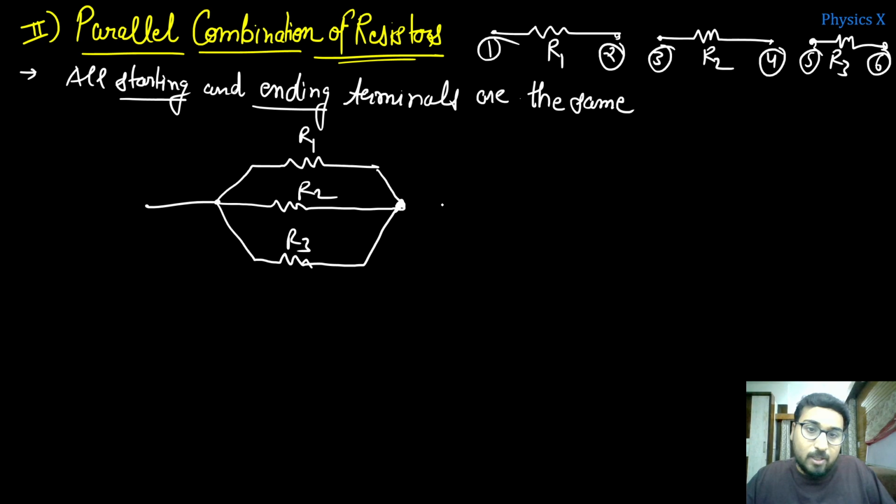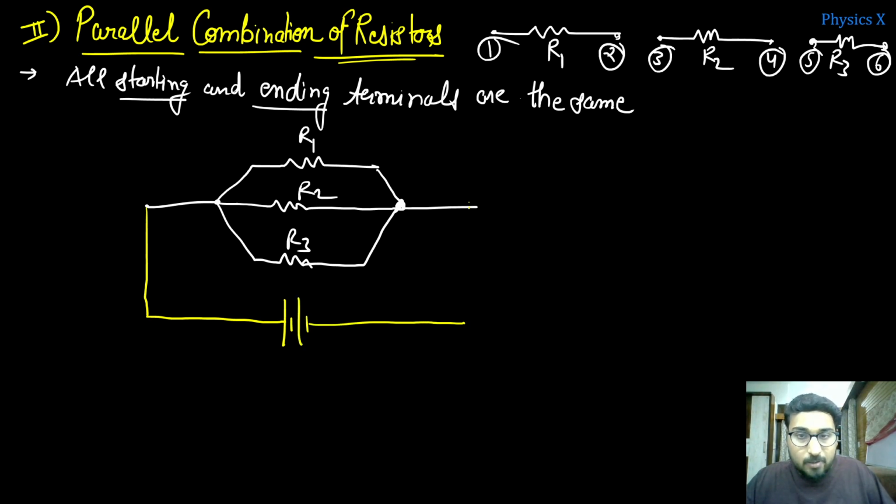So this combination is going to be called a parallel combination. Now when you apply a potential difference V across this combination, the current flowing here is I.